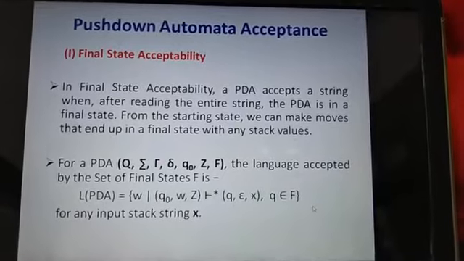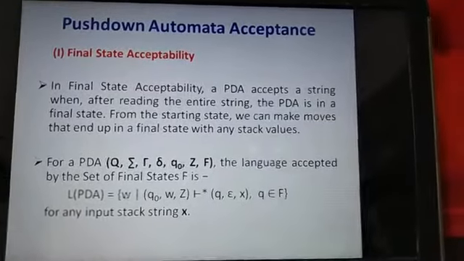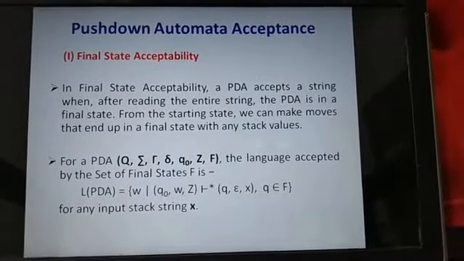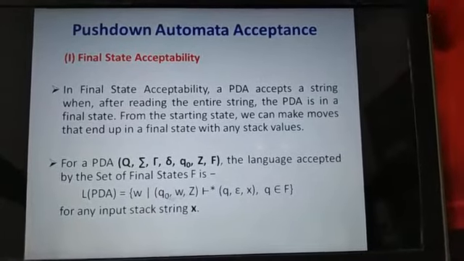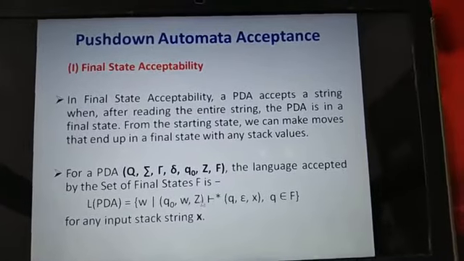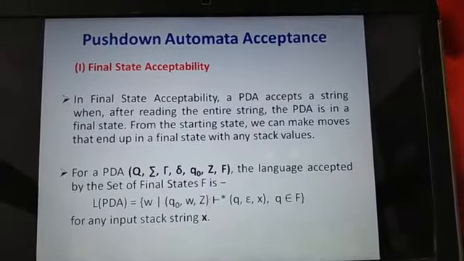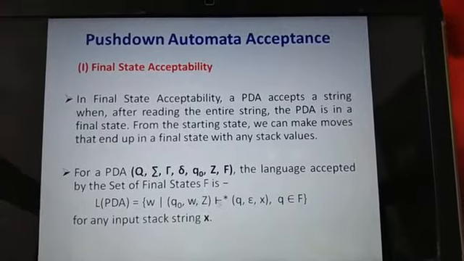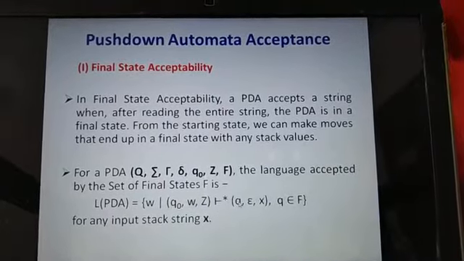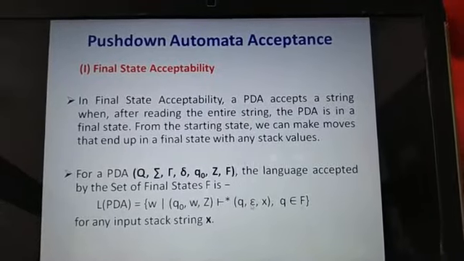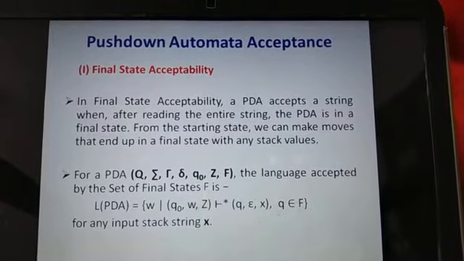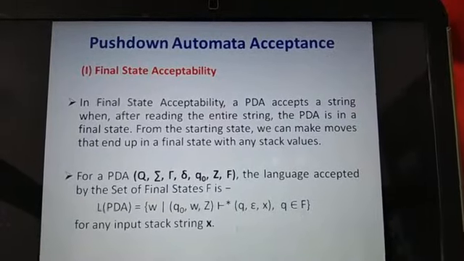Now this is the general format. Like for a string w, with q naught as the start state and Z as the push down symbol, after doing some transitions, we finally move to the state q with the string consumed, and finally we reach the final state where q is the final state.